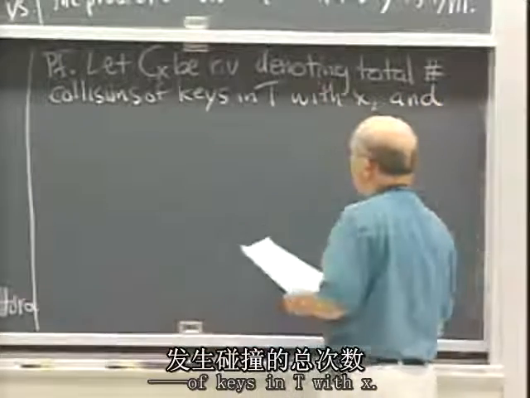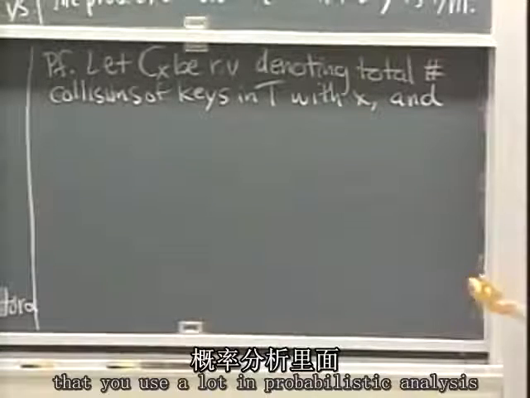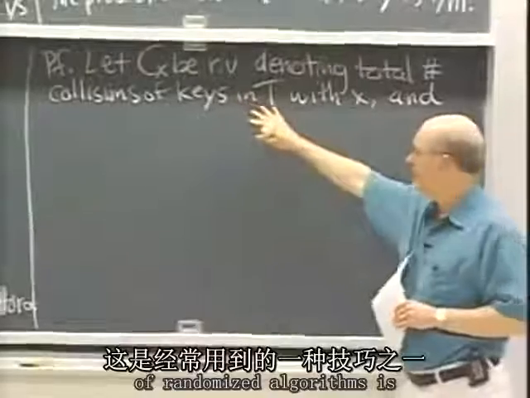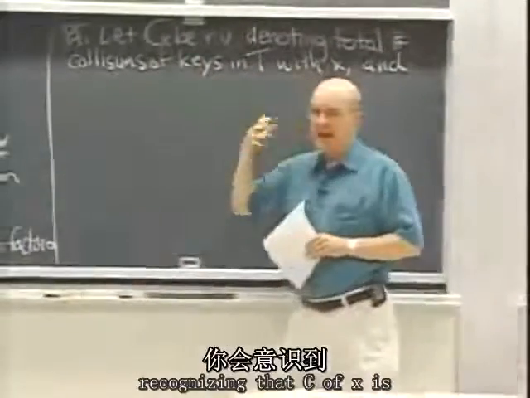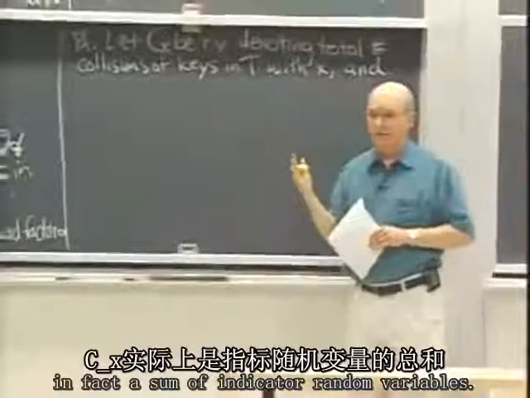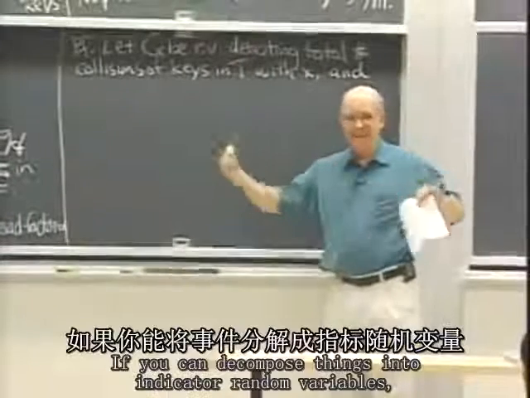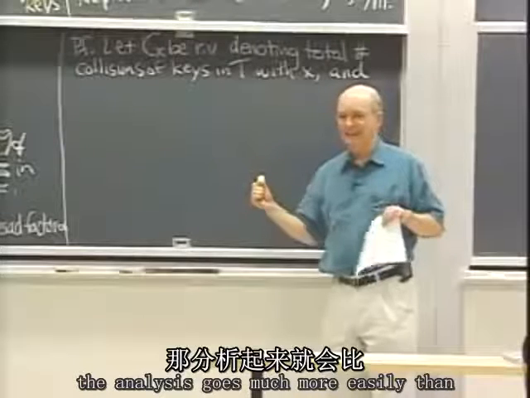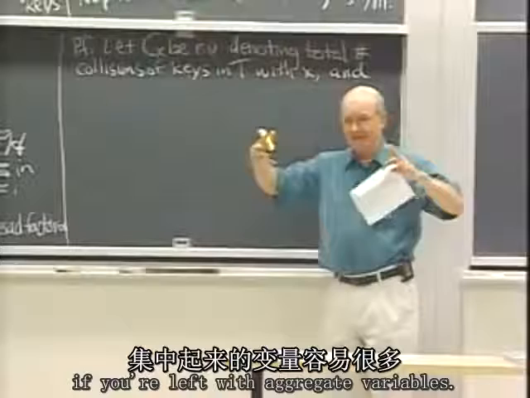One of the techniques you use a lot in probabilistic analysis of randomized algorithms is recognizing that C of x is a sum of indicator random variables. If you can decompose things into indicator random variables, the analysis goes much more easily than if you're left with aggregate variables.